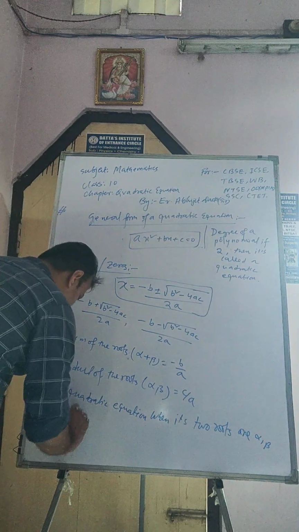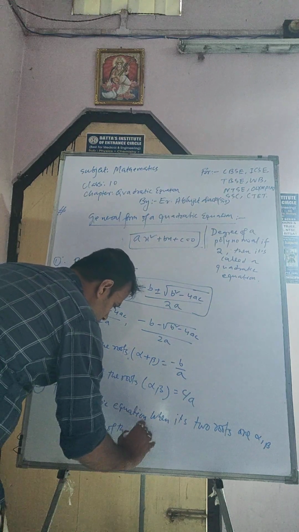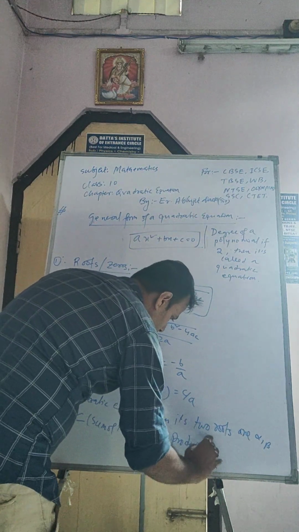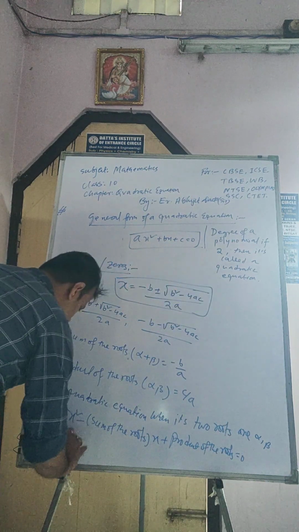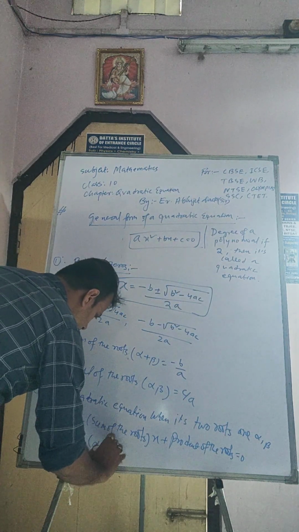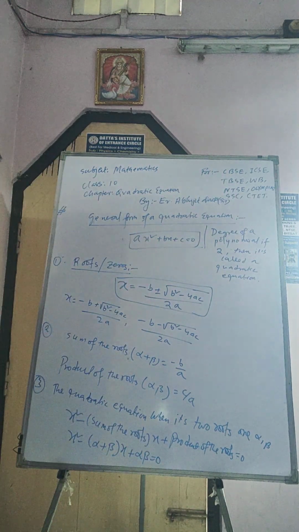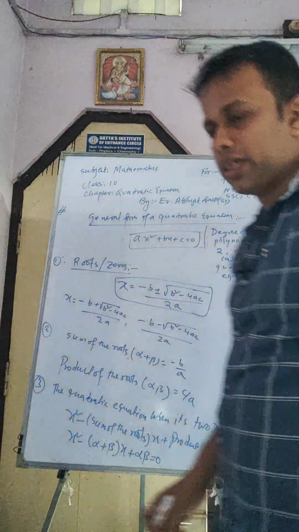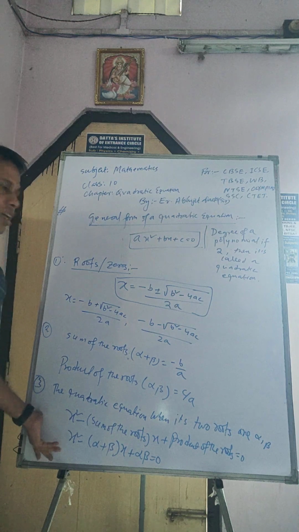The formula is x square minus sum of the roots into x plus product of the roots equal to 0. So it will be x square minus alpha plus beta into x plus alpha into beta equal to 0. Okay, so if in some questions they give the roots and we have to find the equation, then we can find it in this way, using this formula.